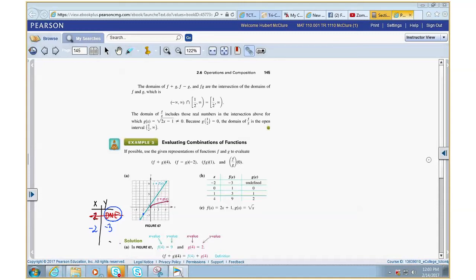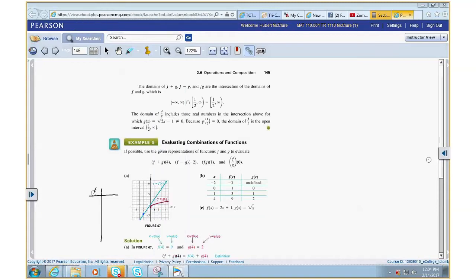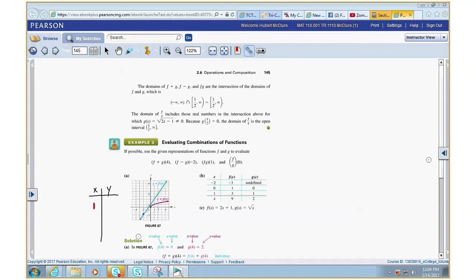Okay? All right, what about f times g of 1? Well, you erase this and you put a, excuse me, it's blown up. That's why this thing is so big. I blew it up for those people that sit back in the room. So 1 and 1. 1 is red, and 1 is blue.